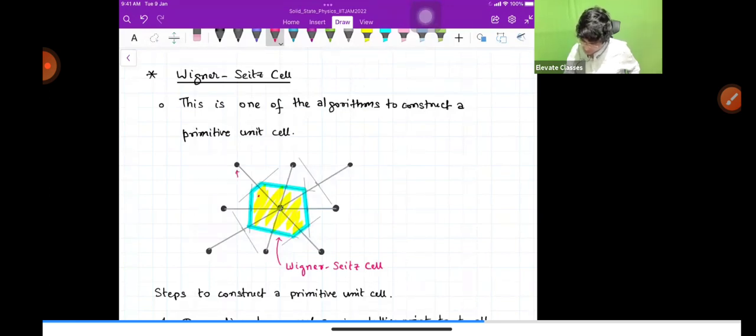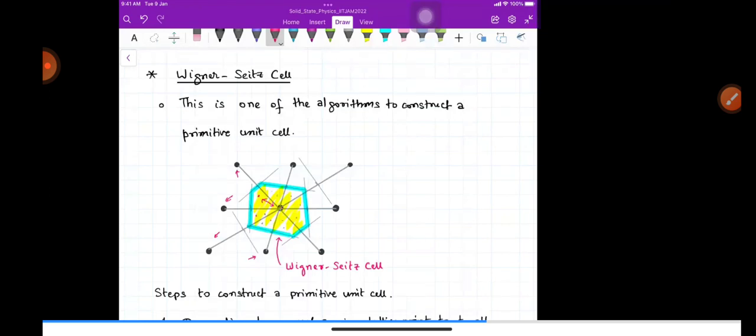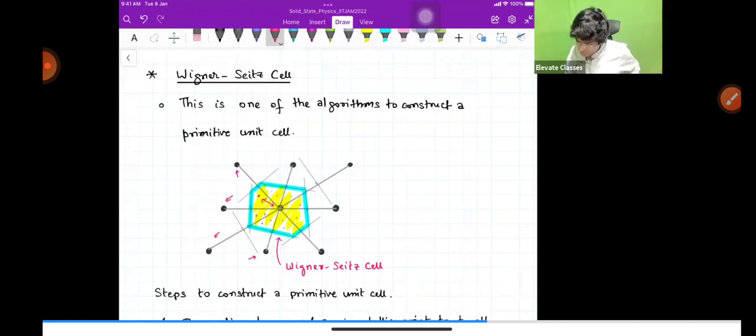If you measure the distance, it will be smaller, and it will be nearest to the lattice point about which we have drawn the Wigner-Seitz cell. Okay, sir, all the points inside this region will be closer to the central lattice point than to any other lattice point in the neighboring area. All right. Yes, sir.